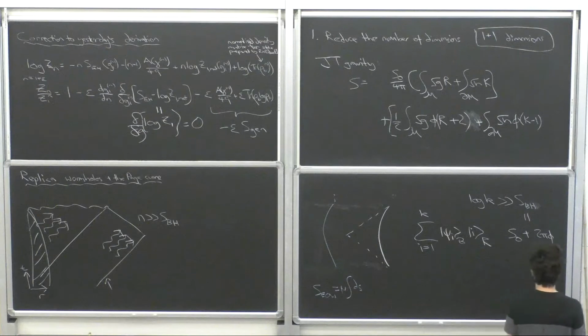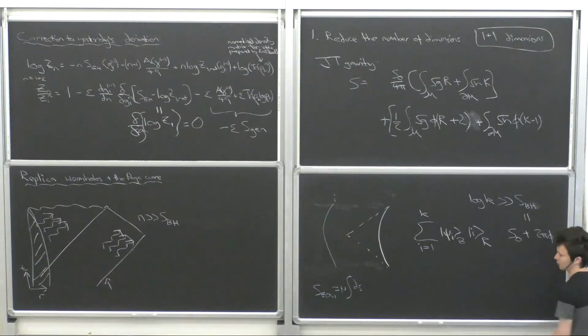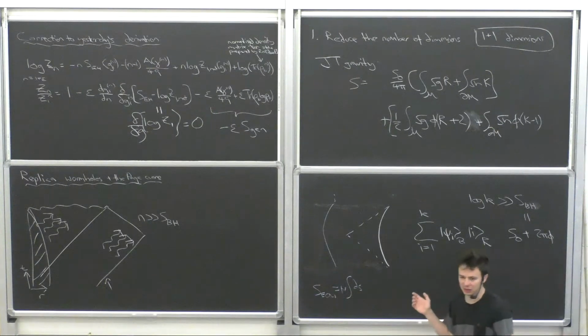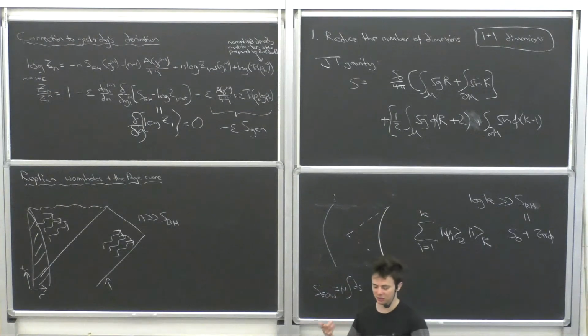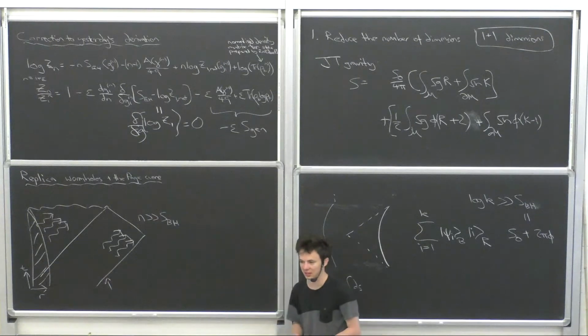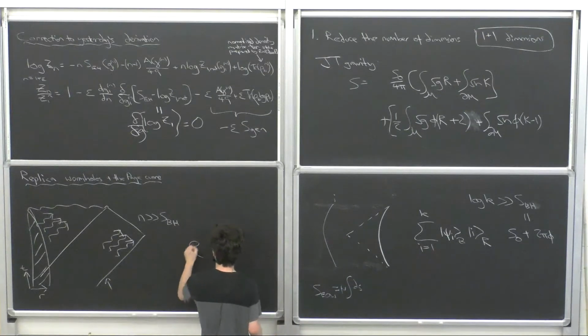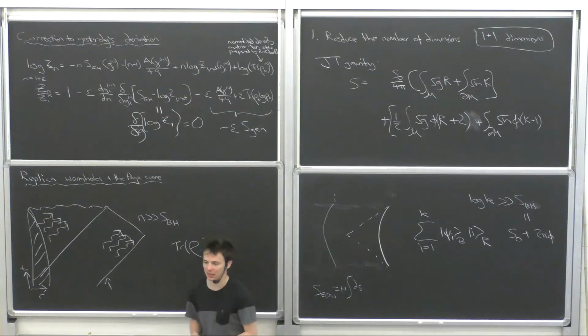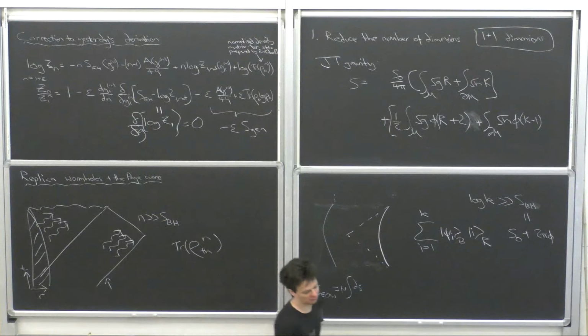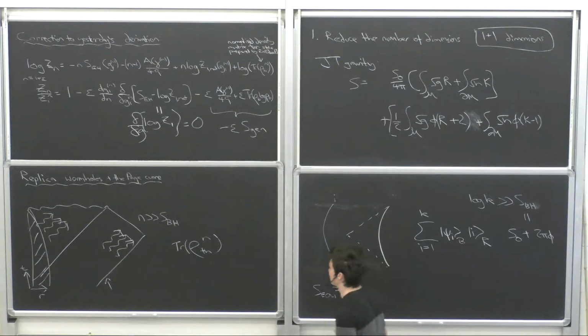So this can be derived using Euclidean calculations. There's a Euclidean derivation of the Bekenstein-Hawking entropy, which you can think of as a very baby version of the derivation we did yesterday, where basically you construct the thermal density matrix and then take the trace of rho thermal to the n, and then take the derivative with respect to n at n equals 1. And that's the thing you get.